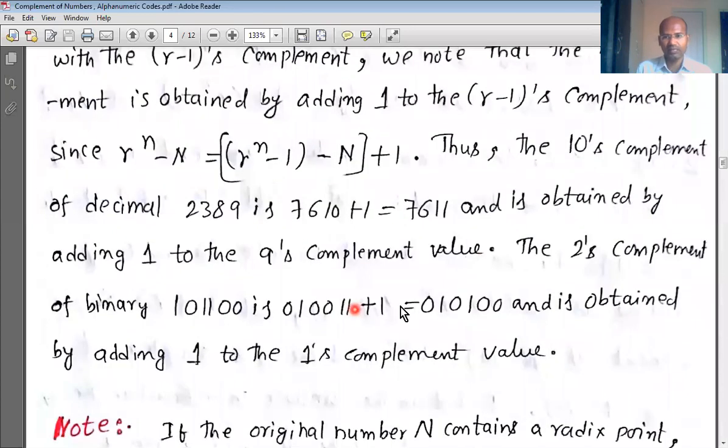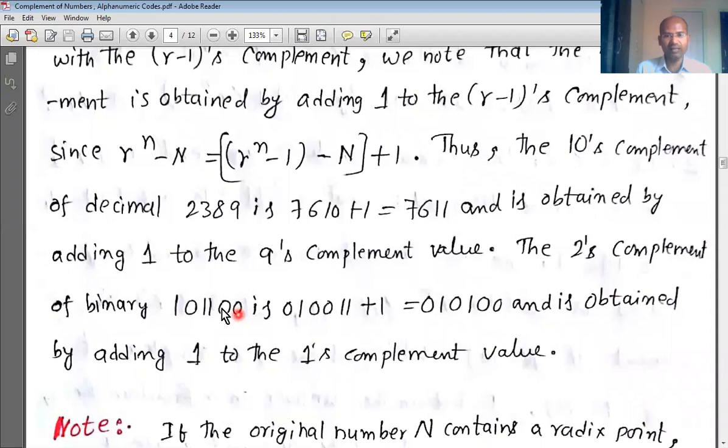Now another example, this example is in the binary system. We want to find out the 2's complement of the binary number 101100. This is the binary number given. We want to find out the 2's complement here. What we have to do is find out the 1's complement. How do you find out the 1's complement?